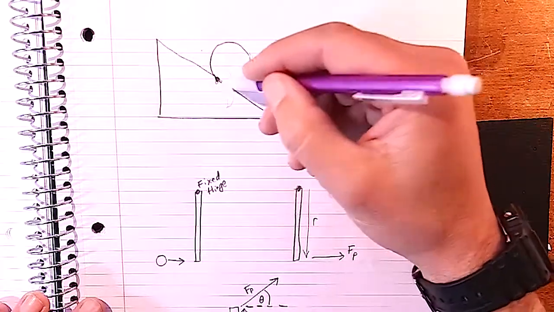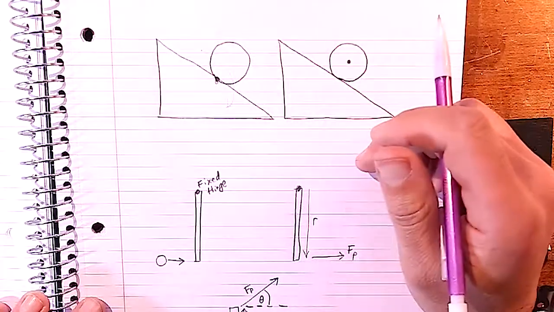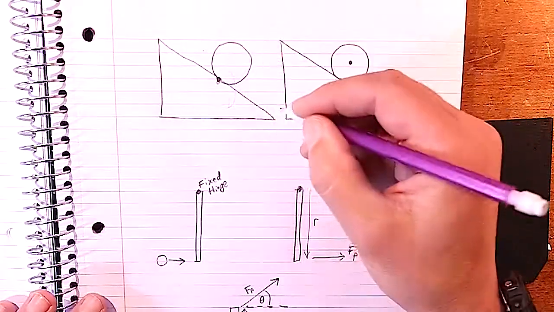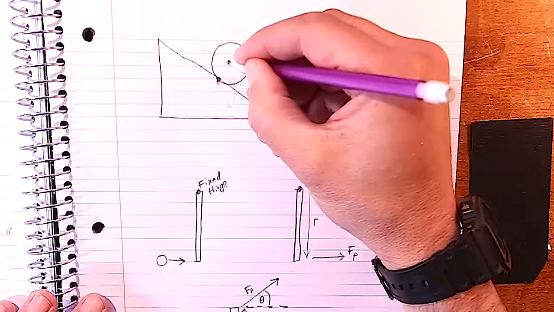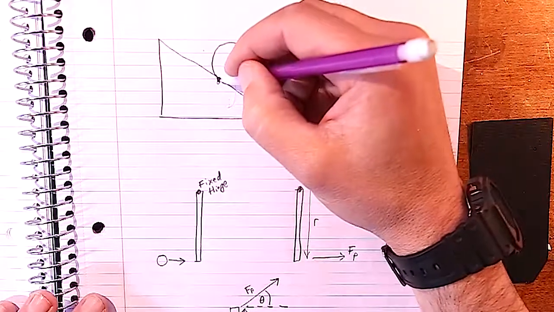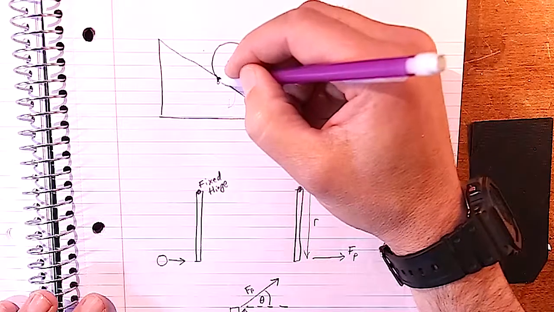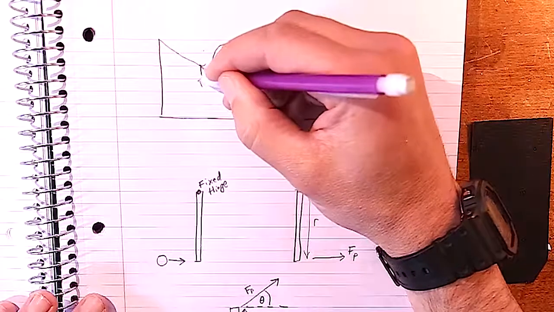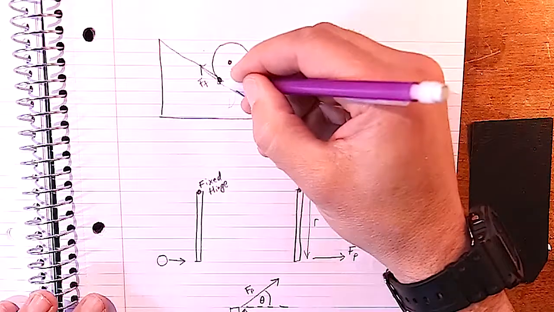So it's sort of rotating around that point at any instant in time. It's kind of a tricky idea to get your head around. But if that's the case, then even though there's friction acting here, that friction is at r equals 0. So that frictional force, Ff, does not produce torque.